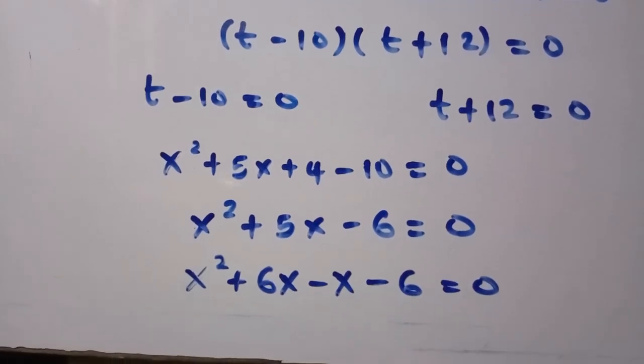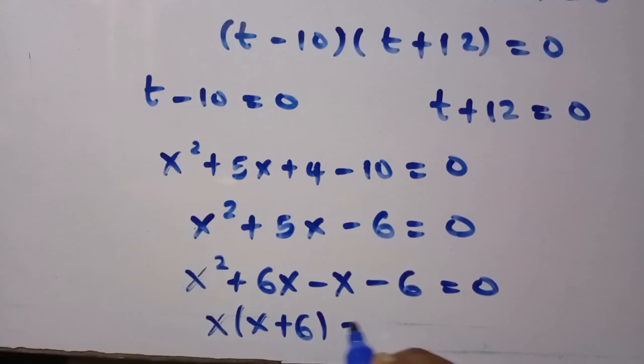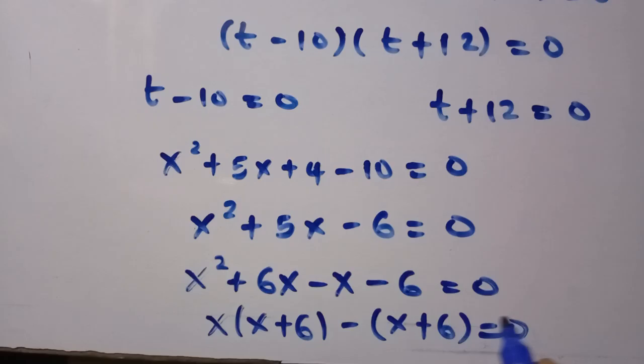Therefore, from here, we can pair this together. So we have x into bracket of x plus 6, and here also, when we take out negative, we have x plus 6 equals 0. Then we can now find the roots after we obtain the factors of this quadratic equation.